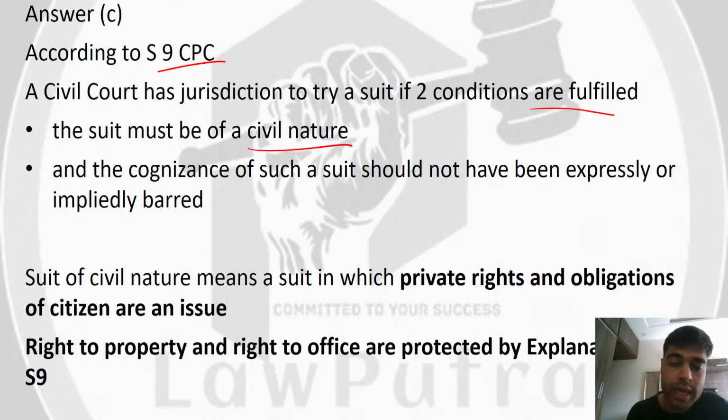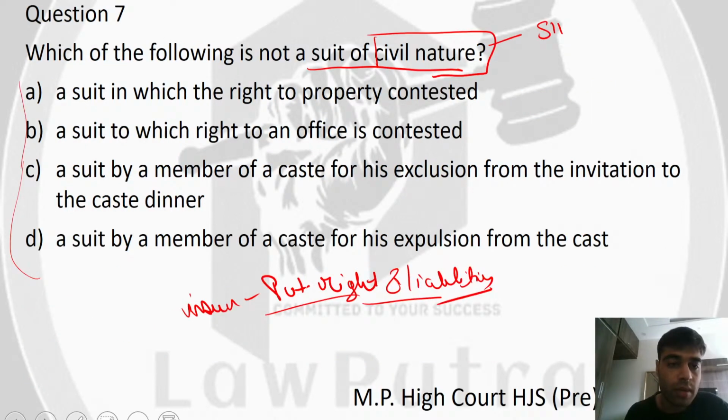A suit of civil nature means a suit in which private rights and obligations of citizens are at issue, and the right to property and the right to office are protected by Explanation 1 to section 9. So see, these two, options A and B, are expressly given in section 9.